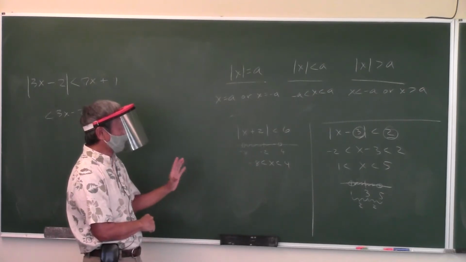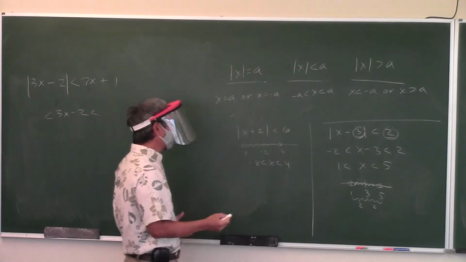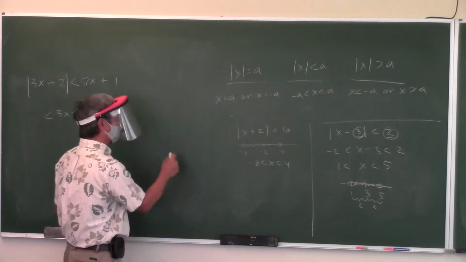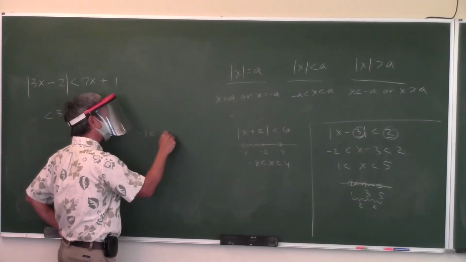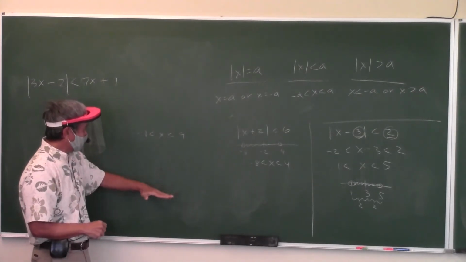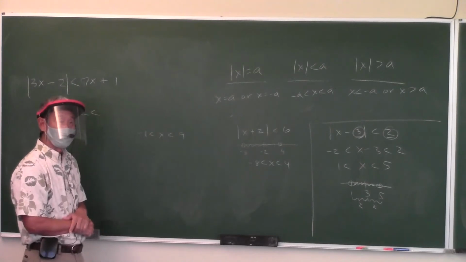Because you're going to have to know that to solve more high-level problems. Yeah? Because on the SAT, lots of times they go backwards. Like they go, okay, negative 1 less than x less than 9. They're going to give you 4 answers. Which of the following will give you this as the solution?